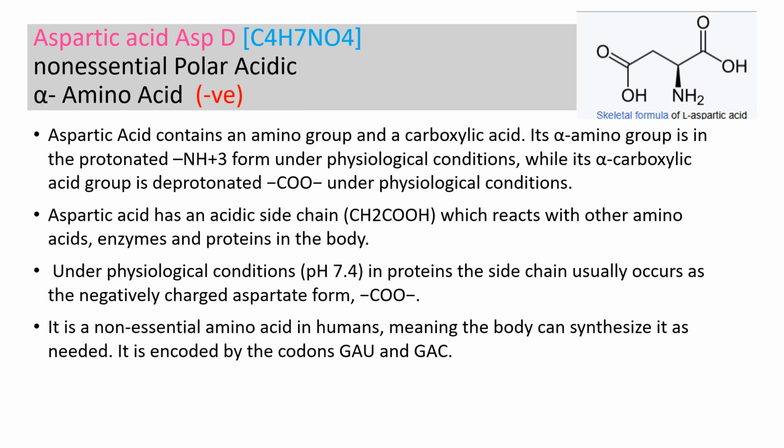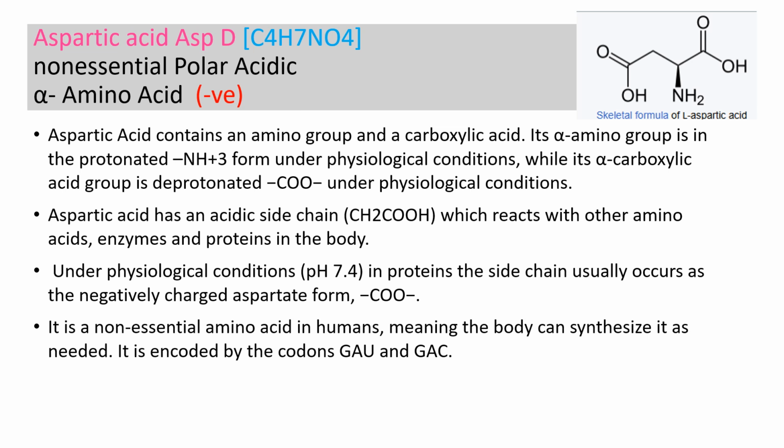Aspartic acid. So what is aspartic acid? Aspartic acid, ASP or D, C4H7NO4, is a non-essential polar acidic alpha amino acid. Aspartic acid is acidic and hence it's negative. It contains an amino group and a carboxylic acid group. Its alpha amino group is in the protonated NH3 form under physiological conditions, while its alpha carboxyl group is deprotonated.